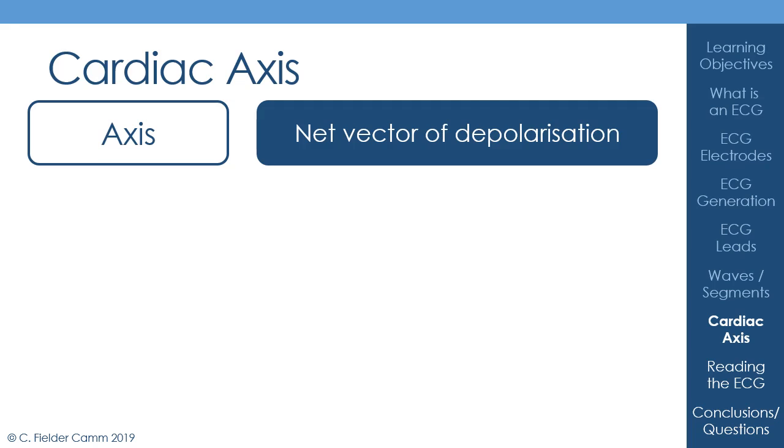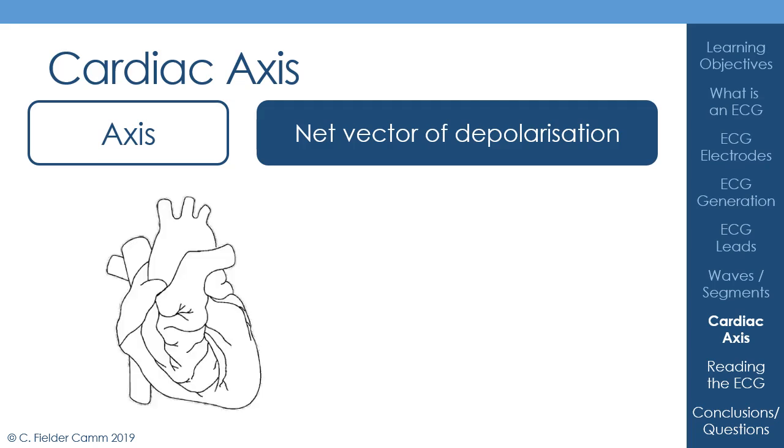ventricular depolarization. So here's a simple drawing of the heart, and as I'm sure you can appreciate, the signal for ventricular depolarization starts in the AV node and works its way downwards. And so the net direction of ventricular depolarization tends to be downwards, and there's more muscle in the left ventricle than the right.